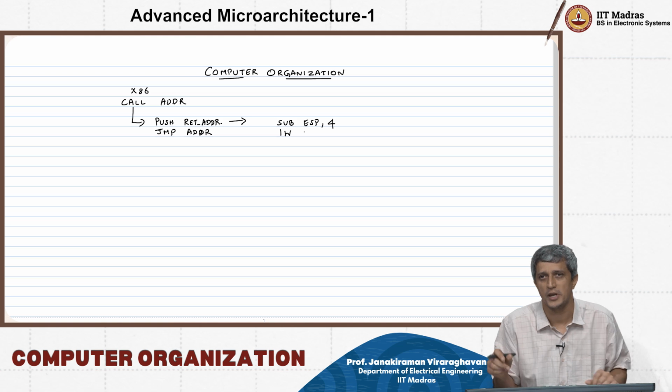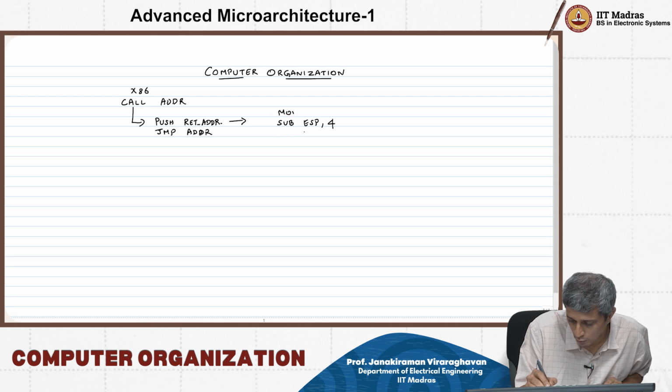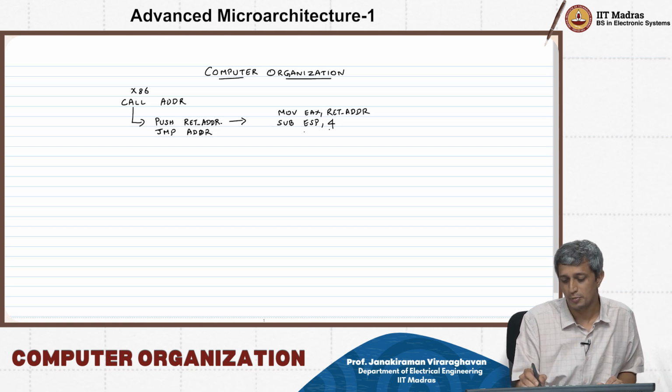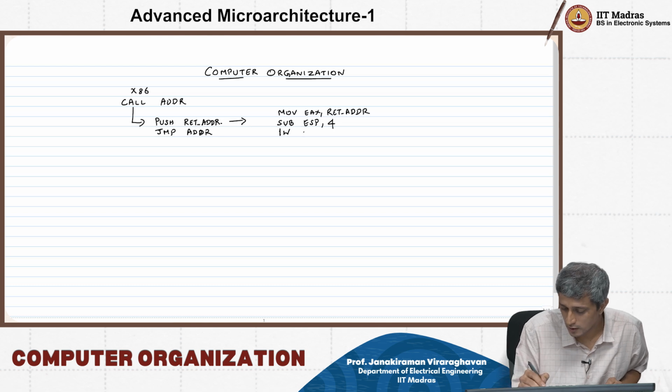contents of ESP, right? So typically what would have to happen now is, you will have to move this data into some register, EAX comma return address, right, sub ESP comma 4, and then you will have to do load word into the memory location pointed to by this.